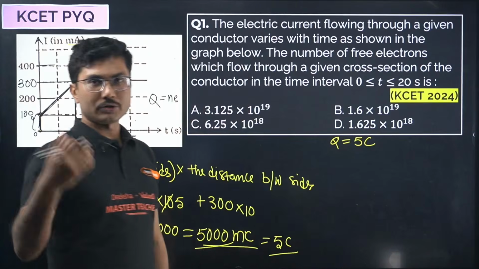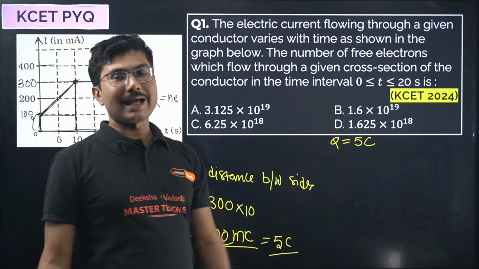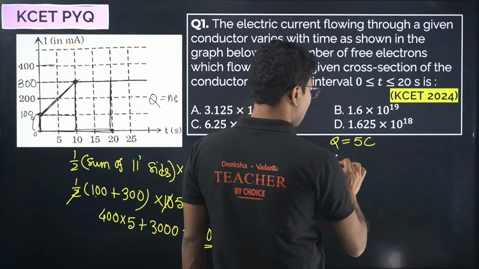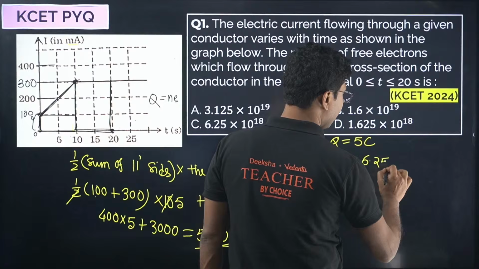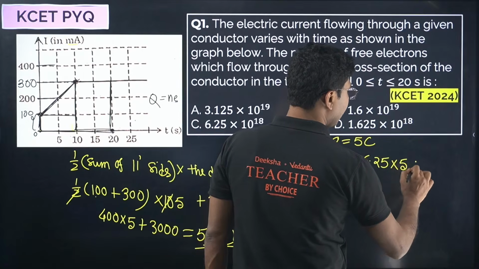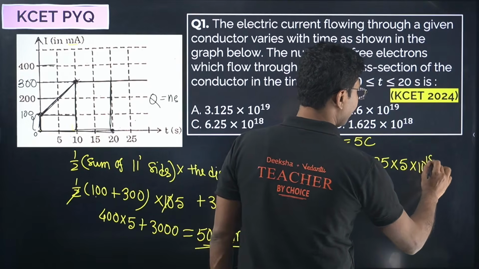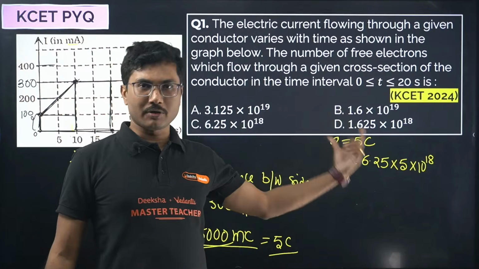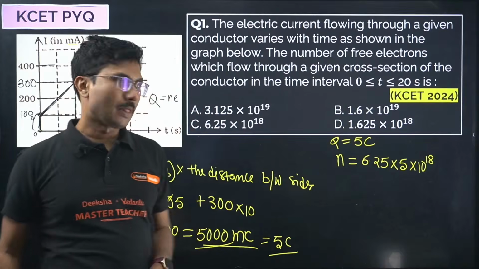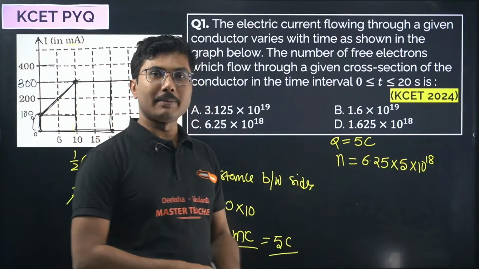Now I told you one shortcut formula to directly calculate the number of electrons. So the number of electrons will be given by 6.25 into the charge into 10 to the power of 18. Okay, 6.25 into 10 to the power of 18 is the number of electrons for 1 coulomb. For 5 coulomb it will be multiplied by the charge.